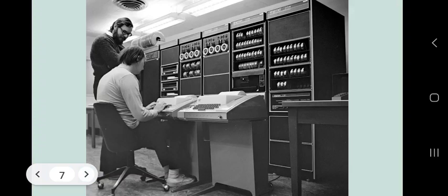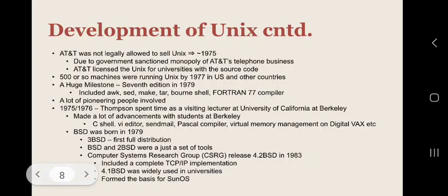So this is again Ken Thompson and Dennis Ritchie working on the operating system. So let's look at the development of Unix. AT&T, even though they developed the Unix operating system, did not have the legal rights to sell it, approximately during 1975.